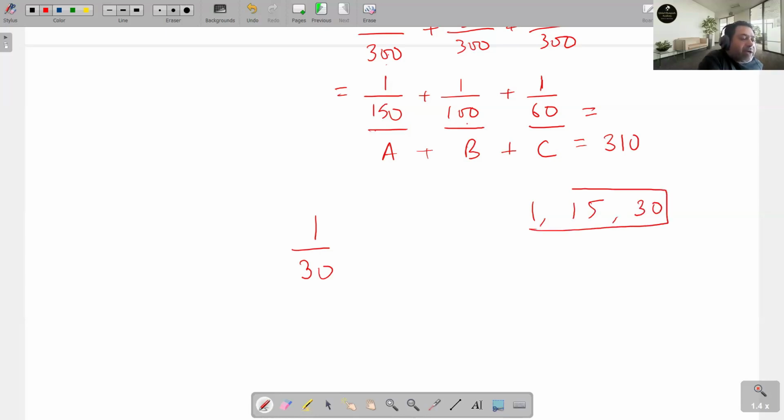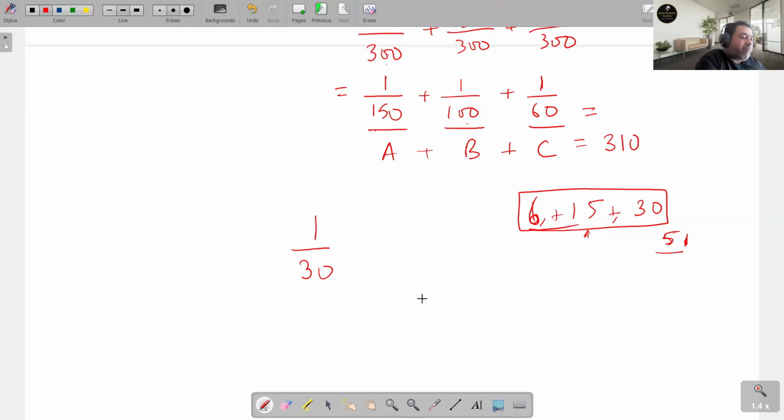We can take any three factors, it need not be just a product, any three different factors of this number. Or let's say we have taken 6, 15 and 30, because these three are also factors of 30. If we add them up, we get 51.